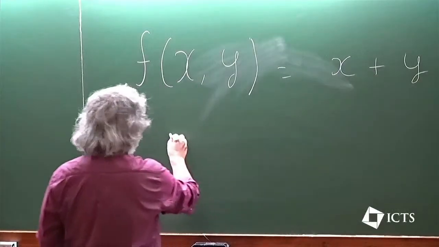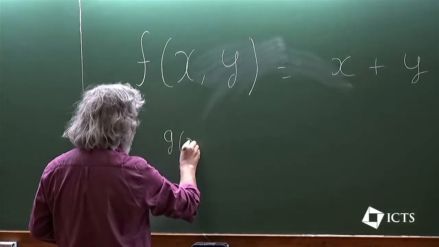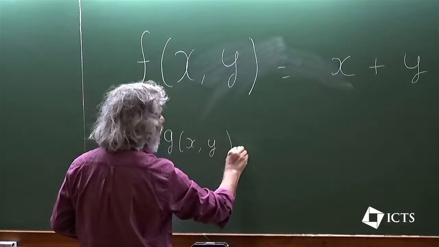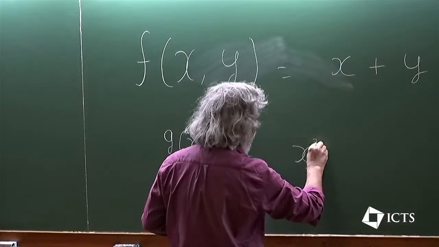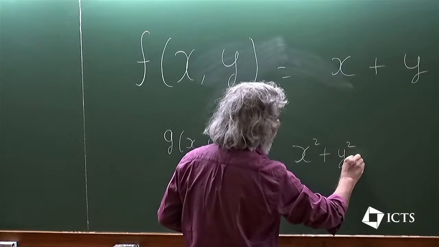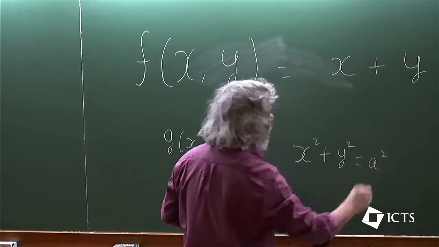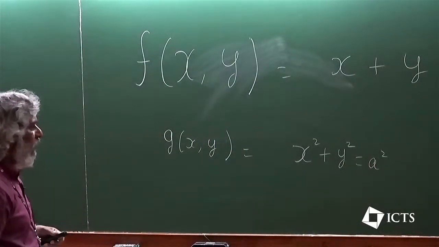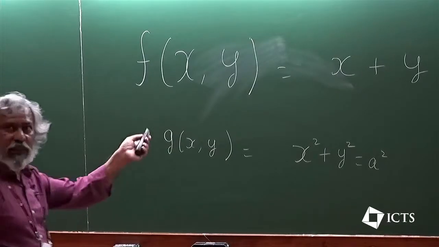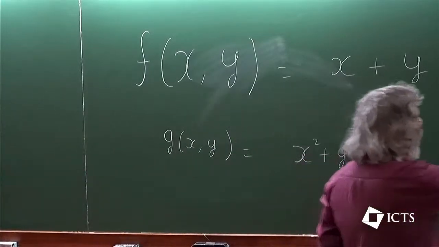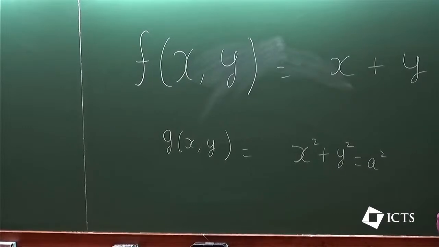And subject to the constraint that g is held constant. Right? Suppose this is your problem. So let's just plot a contour plot of both these functions.